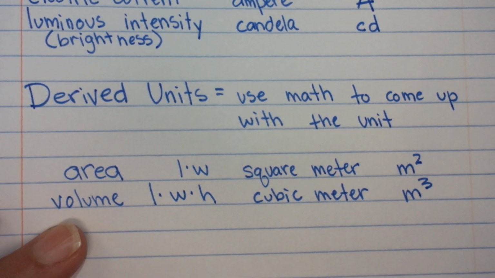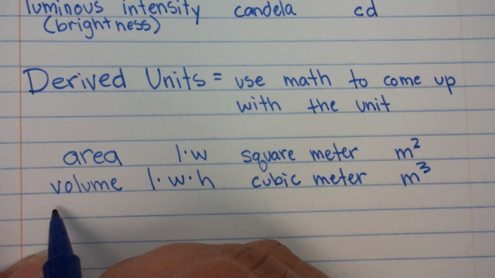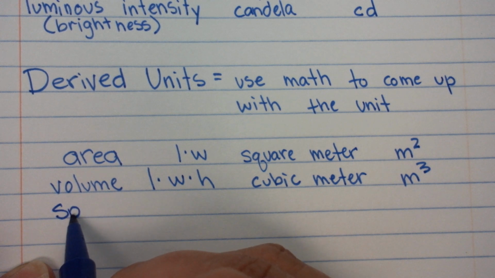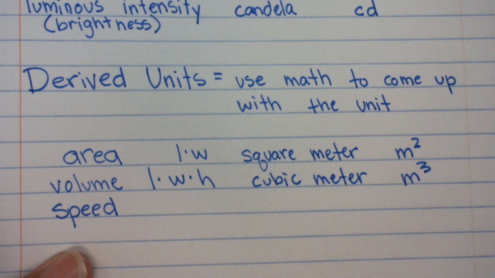There's just a couple more that are pretty commonly used. There's a lot that you could call a derived unit. Speed. How do I come up with speed? Some of you are getting ready to think about driving or that speed limit. Miles per hour, so miles is a distance, right? Per means divide, hour is a time.